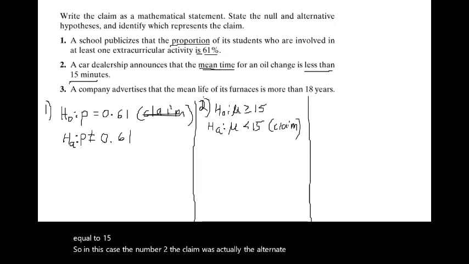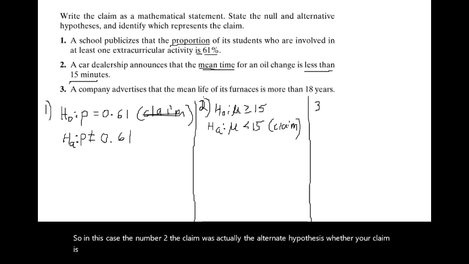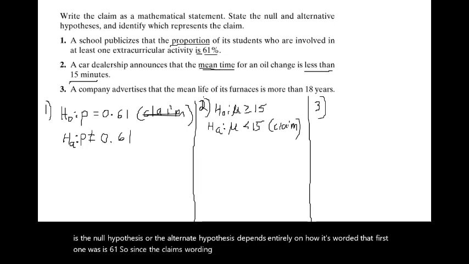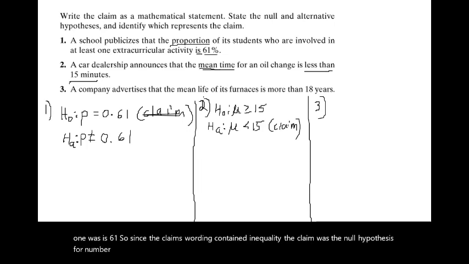Whether your claim is the null hypothesis or the alternate hypothesis depends entirely on how it's worded. That first one was is 61%, so since the claim's wording contained an equality, the claim was the null hypothesis. For number 2, the mean time was just less than 15 minutes. Not 15 minutes or less. 15 minutes or less would be less than or equal to 15.